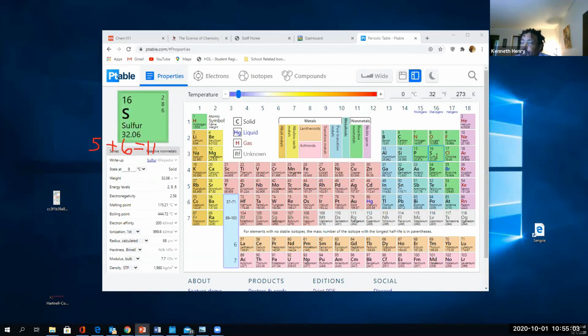Since these guys can use the 3D orbital, if they absolutely must, they can actually have more than 8 electrons around them. So they can break the octet rule, okay? They don't have to. They prefer to have the octet rule, but they can break it because they can throw electrons in that d orbital, okay?